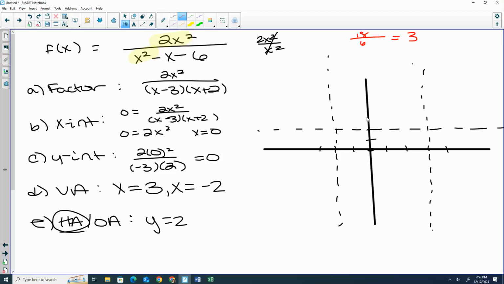So negative 3, 3. That's all I really need to see. I'm above that horizontal asymptote. And you can certainly use your calculator to plug that in. You don't have to show all that work. So we get a section right here.